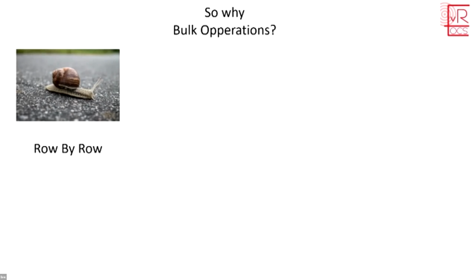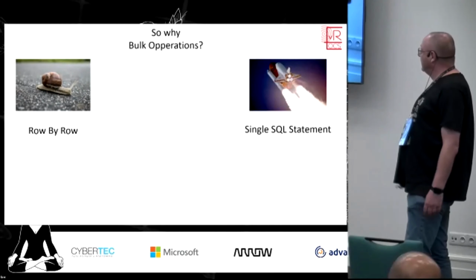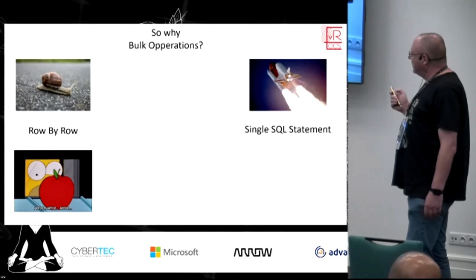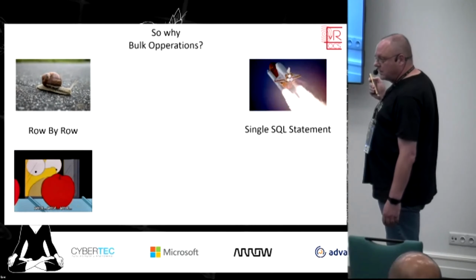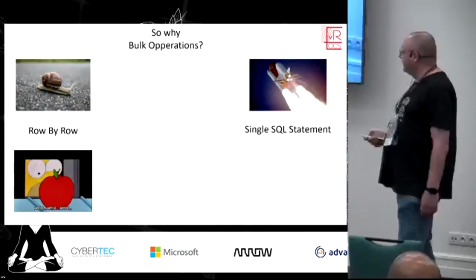Why bulk operations? Well, Patrick already said something about that, and I think most of you will already know. But if you do row by row, things are slow. If you do a single SQL statement, it's blazingly fast. But row by row gives you control about each and every row that passes by.